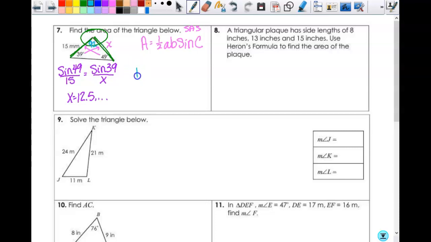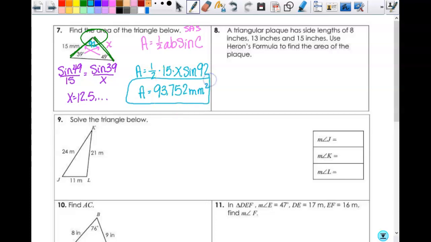So then I'm going to get that the area is equal to 1/2 times one side, which is 15, times the X that's stored in my calculator, times the sine of the angle that's included, and that's 92. So when all is said and done, I get that the area is equal to 93.752 millimeters squared. 3 decimal places unless you are told otherwise.